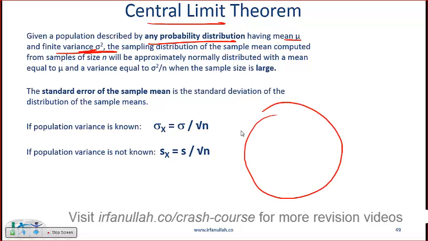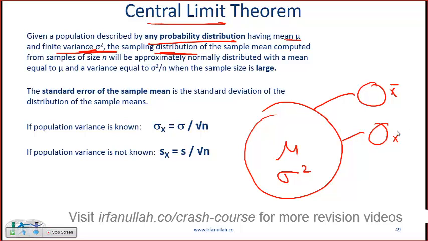So you have a population, and let's say this population has a mean mu and some variance, and then you draw samples from this. The sampling distribution of the mean. Every time you draw a sample, the mean will be different.